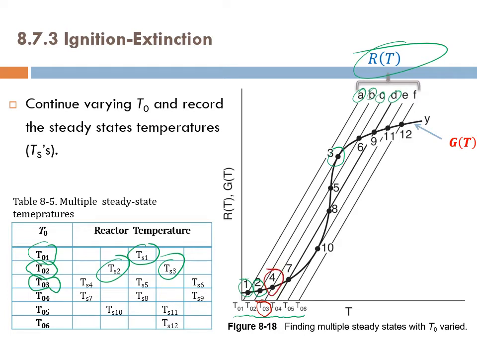This is steady state 4, steady state 5, and steady state 6, and we can read the steady state temperatures. How can you read a steady state temperature? You go vertically down and read the steady state temperatures. So basically here we have TS4, TS5, and TS6, and we continue doing this exercise until we get all the steady state temperatures for all of these varied T naughts.